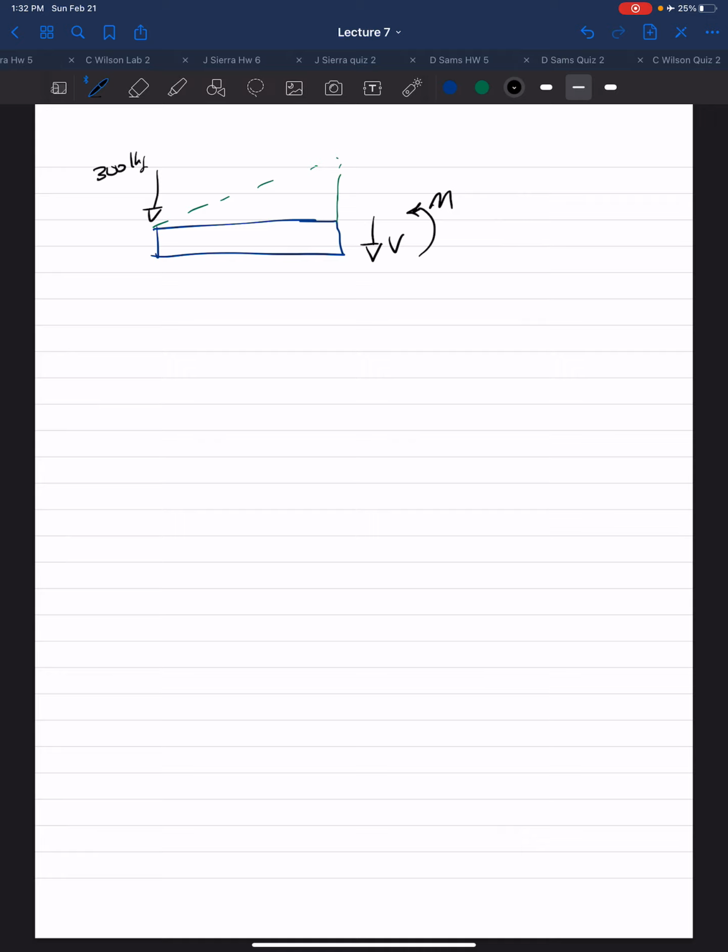Now for the triangular loading, once again, we have to figure out its proportional distributed loading. Well, for a triangular loading, like we said previously, that's 1/2 the base times the height.